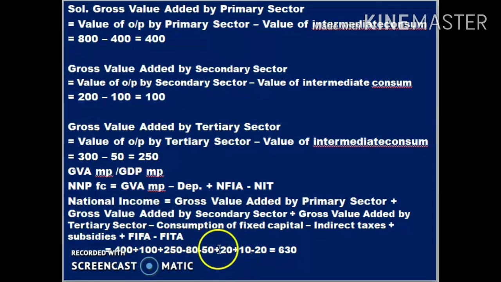It's not written like that. It's written as indirect tax minus subsidies.